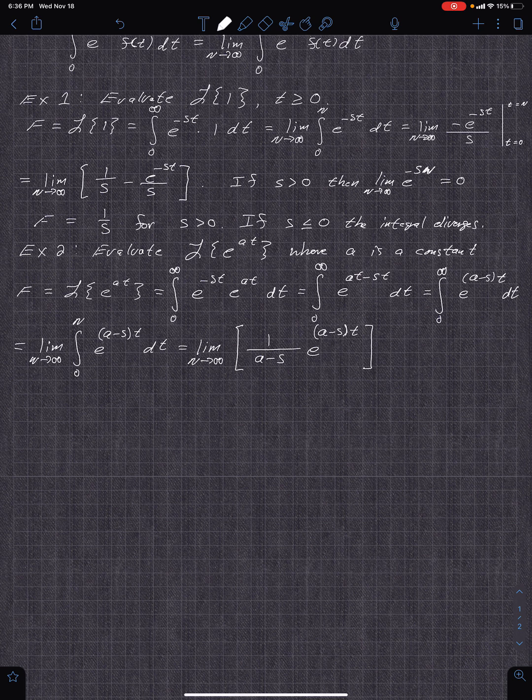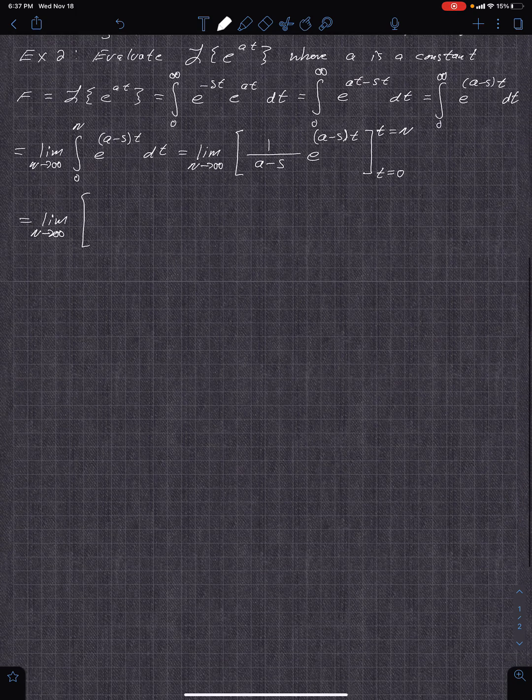And then you would evaluate as t goes from 0 to n. So you get the limit as n approaches infinity of, and so now you're just substituting in. You get e to the a minus s n over a minus s, minus 1 over a minus s.